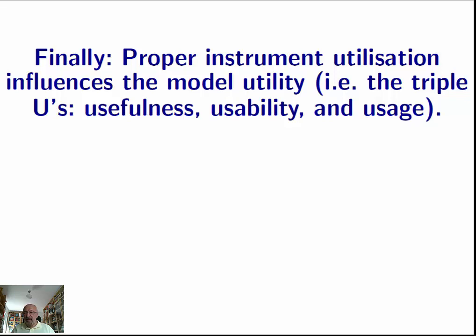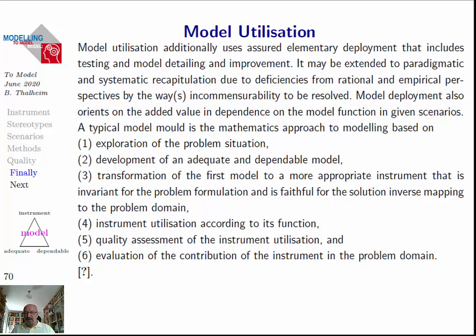So in this case we have now a number of goodies. We considered model utilization, which is of course a kernel for the instrument being of a model, and is of course the basis for the model being of anything.